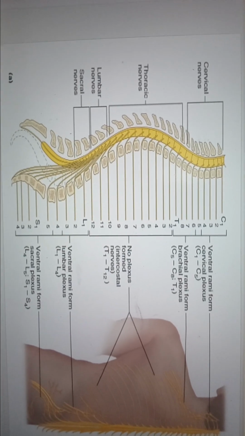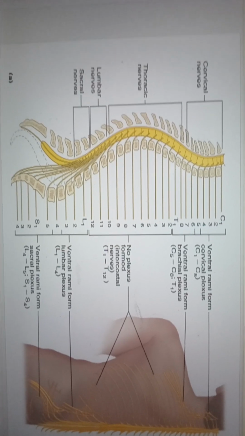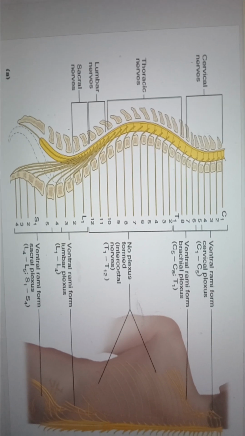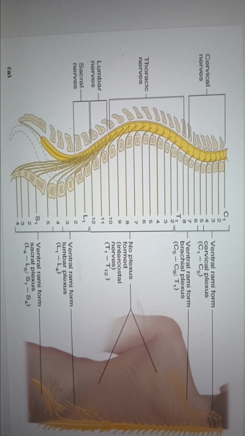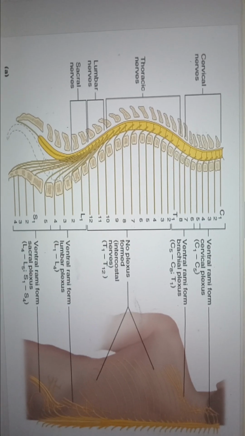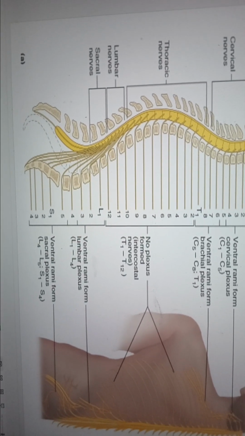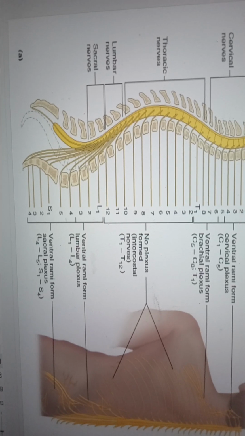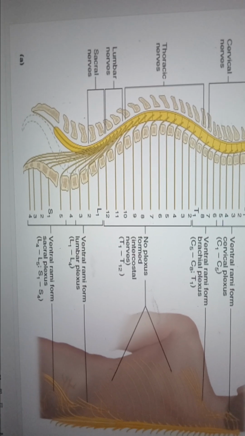This is the plexus formation: the cervical plexus is C1 to C5, whereas the brachial is C5 to C8 and T1. No plexus is formed in the thoracic or intercostal nerves, but the lumbar plexus is L1 to L4, and the rami of the sacral plexus are L4 to L5 and S1 to S4.